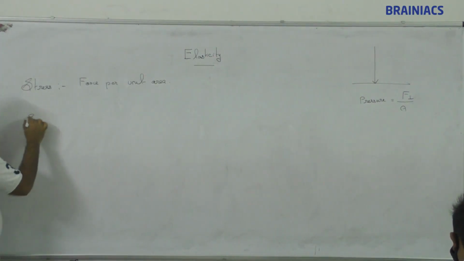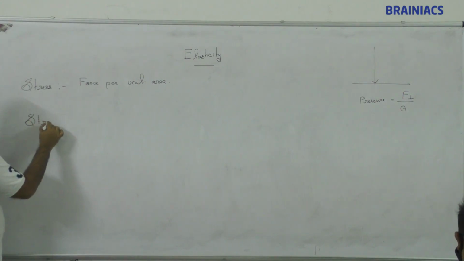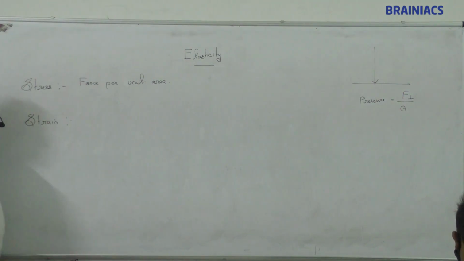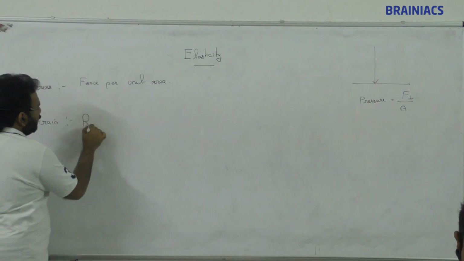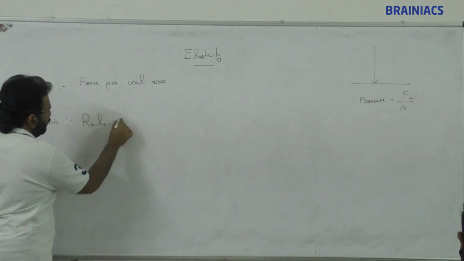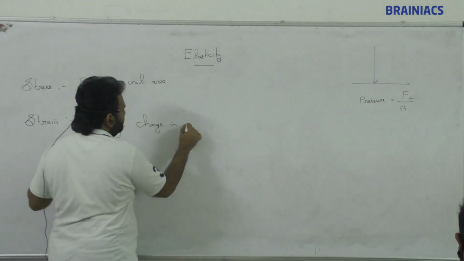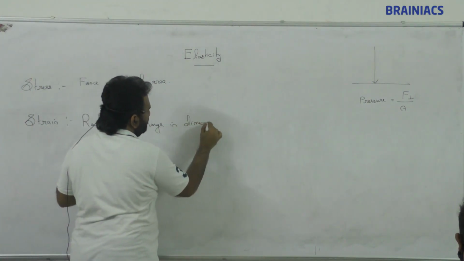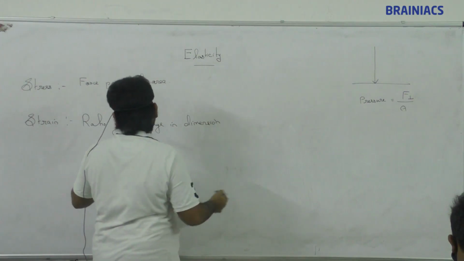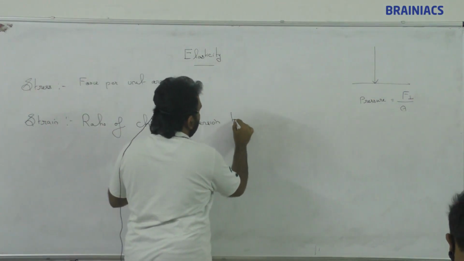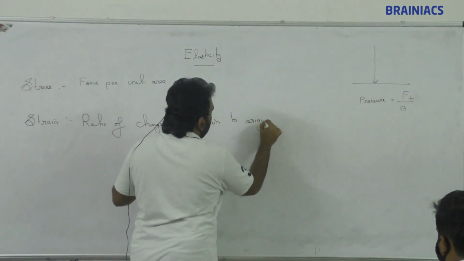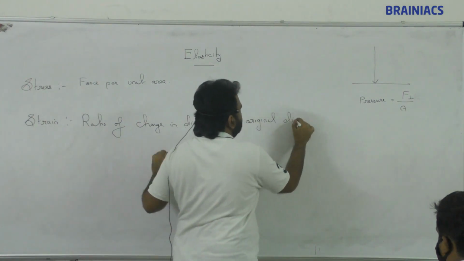The next thing we study in this chapter is strain. Strain is the ratio of change in dimension to original dimension.